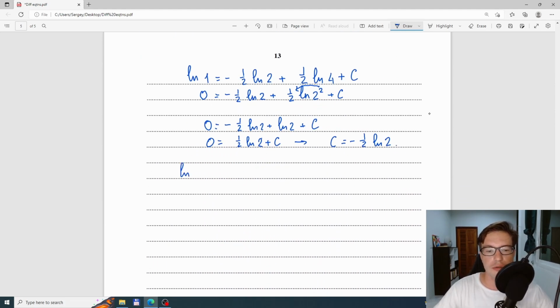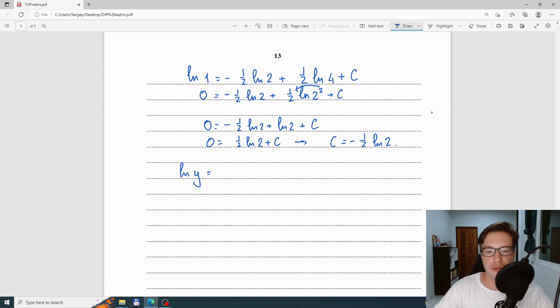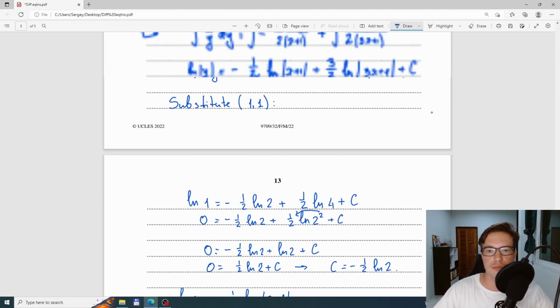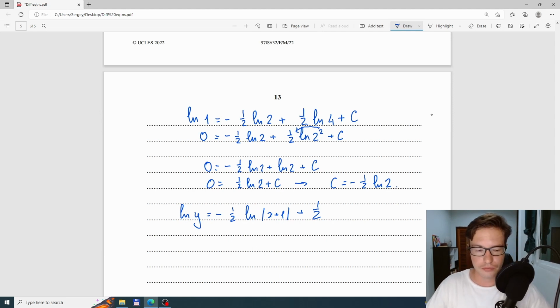So we get log y equals minus a half log of x plus 1, plus 1 over 2 log of 3x plus 1, plus c, which is minus a half log 2.